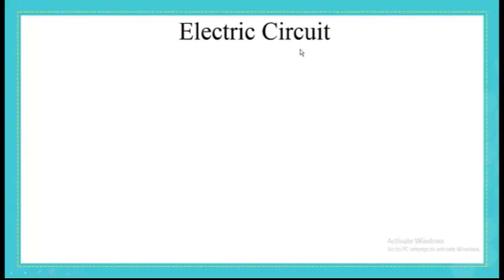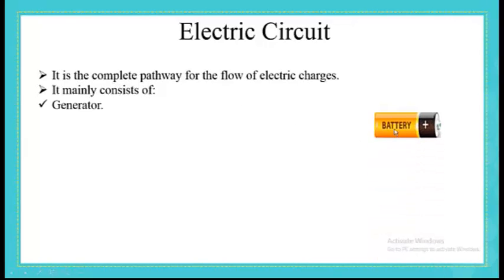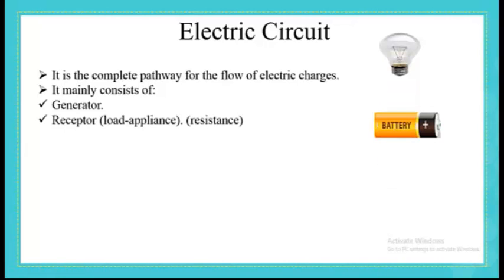Starting with the definition of an electric circuit, we can simply define it as the complete pathway for the flow of electric charges. And for these charges to flow, there must be some components, and because of that, an electric circuit is mainly made up of a generator, like this DC generator, which is a dry cell, a receptor, or a load, or an appliance that provides something called resistance.